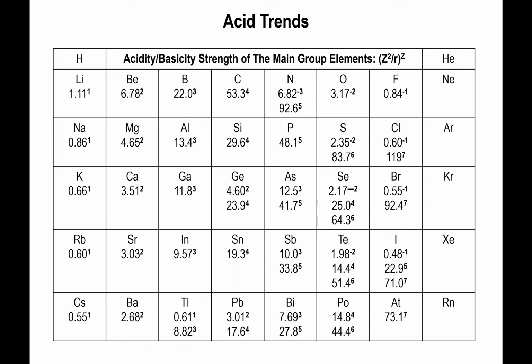And the idea is that as this value becomes larger, the substance may indeed become more acidic if you have a polyatomic acid. And generally speaking, that's what you see. If you go from left to right, what you see is that the values get, generally speaking, larger and larger.